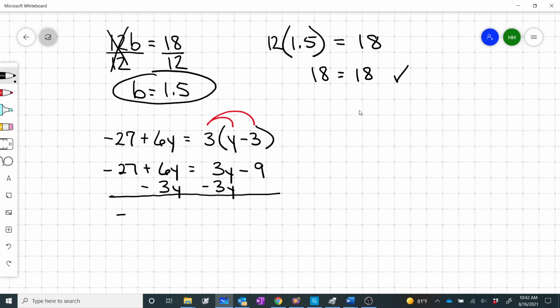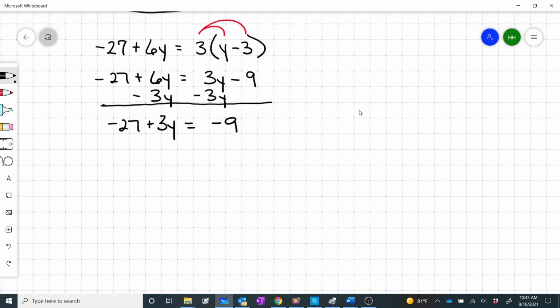So we get negative 27 plus 3y equals negative 9. Now we're going to get the variable by itself, so we're going to add 27 to each side.